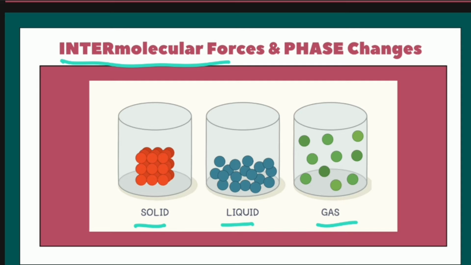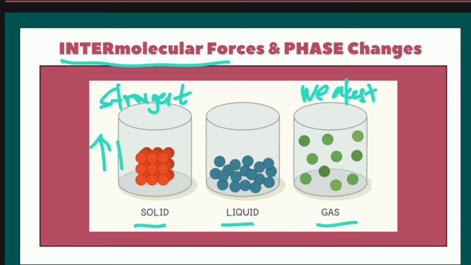Among the three phases, solid matter has the strongest intermolecular force acting on it, while gas has the weakest, as compared to liquid and solid. So, lagi niyong tatandaan, si solid ang may pinaka-malakas na intermolecular force, and the weakest intermolecular force, si gas.